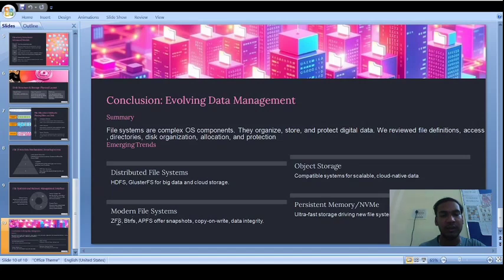Modern file systems like ZFS, BTRFS, APFS offer snapshots, copy on write, data integrity. Persistent memory means non-volatile memory, where the files can be in fast storage, driving new file system design to store the files easily.